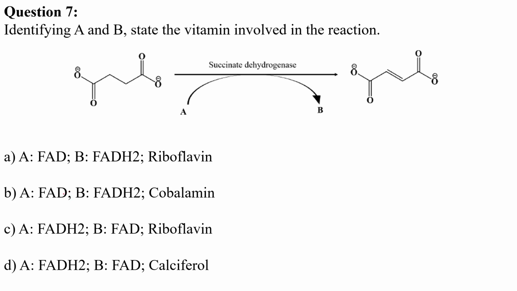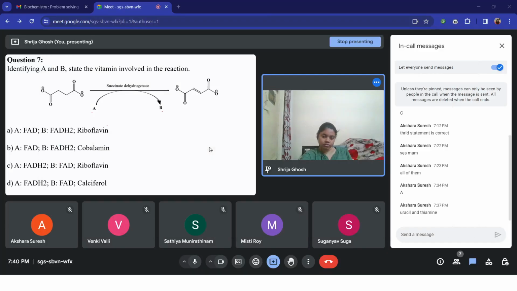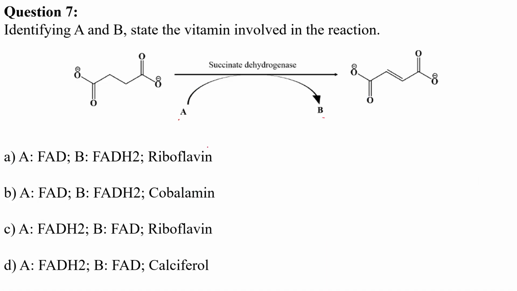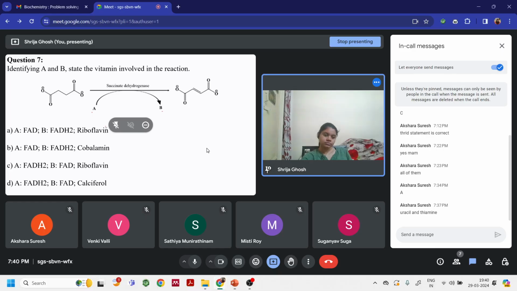Identifying A and B, state the vitamin that is involved in the reaction. So we have to tell what is A, what is B, and which vitamin is involved in the reaction. Does anyone know the answer? Option A is A FAD, B FADH2, and the vitamin that is involved is riboflavin.